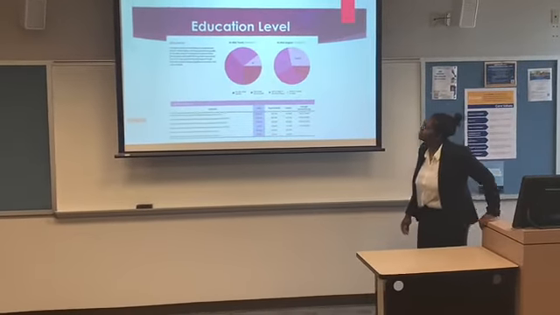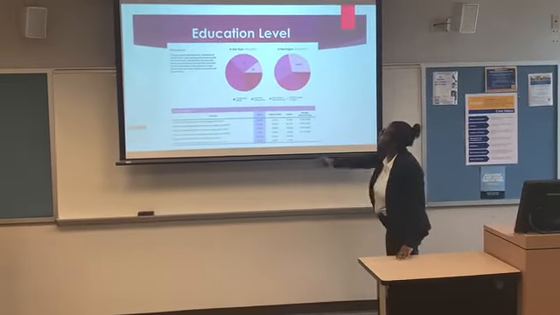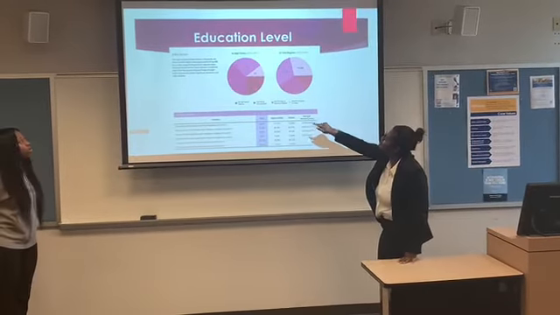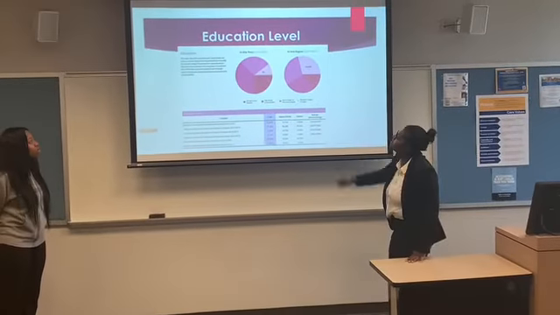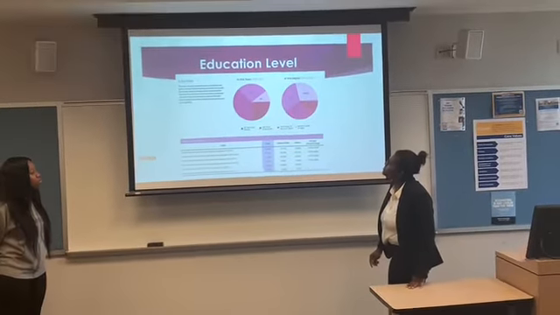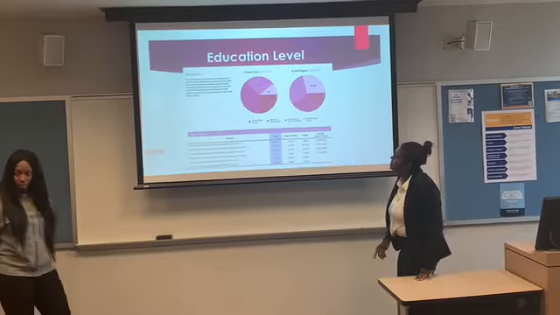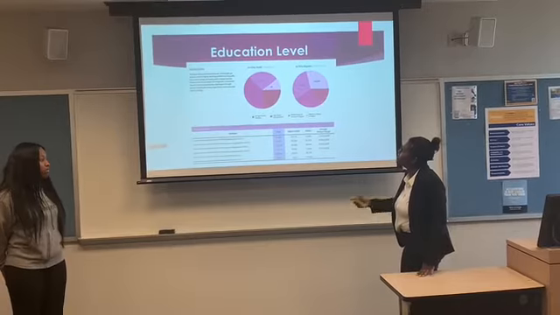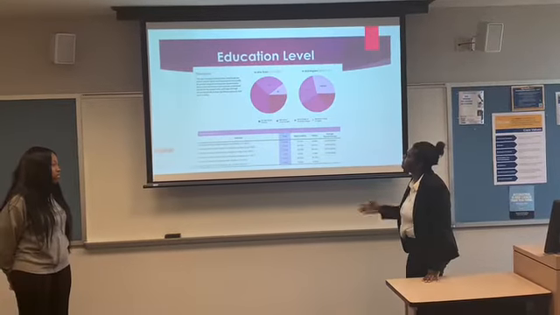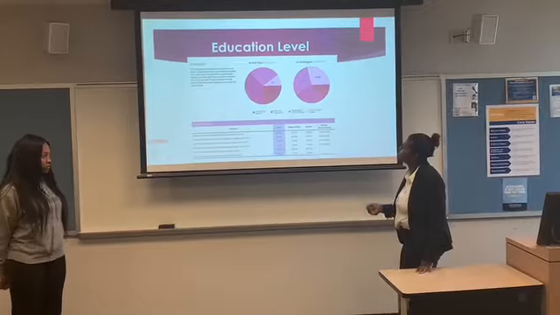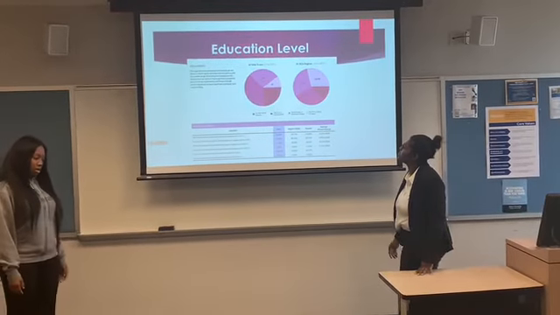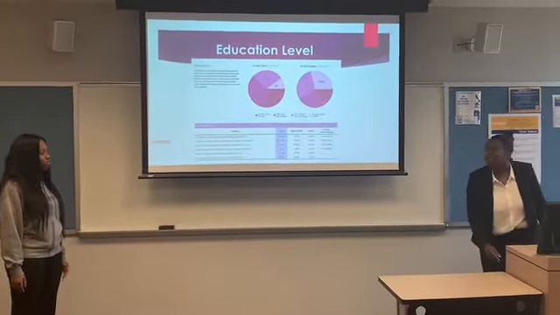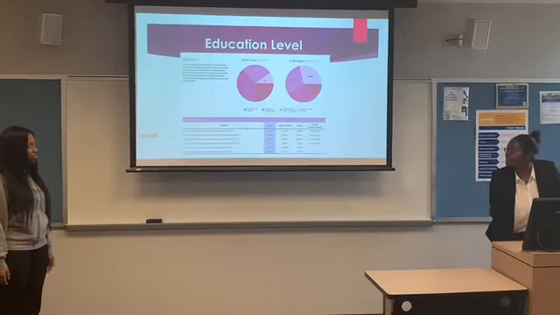What stood out mostly for us is the proportion of people on East Market Street who don't have a high school diploma. That is 232 people. 348 people that were interviewed only have a high school diploma. And then you see about 350 people together that have at least an associate's degree. So those numbers need to be picked up since the factory jobs are gone and they're not going to come back.